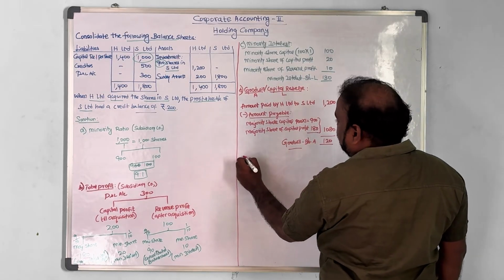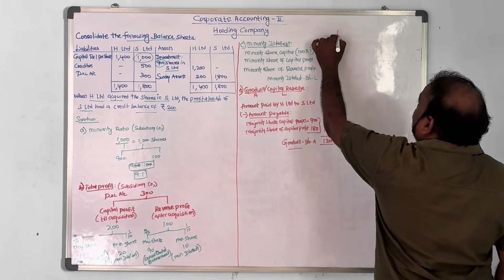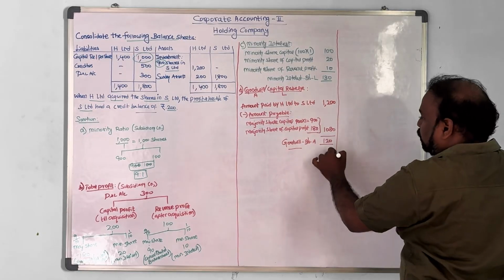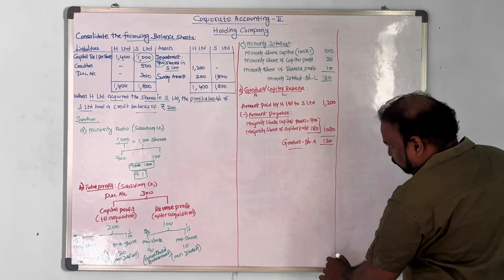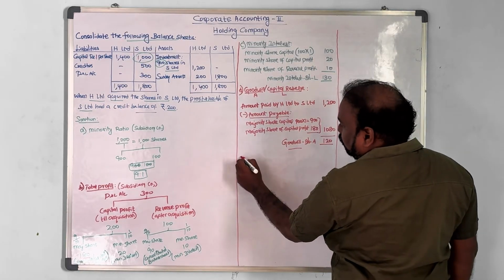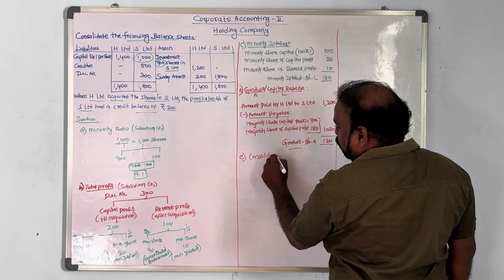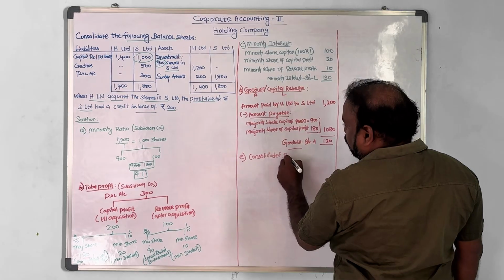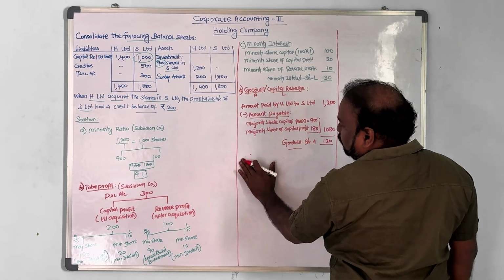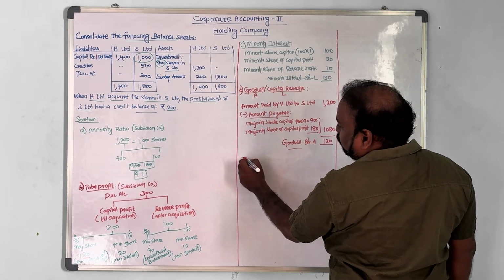Then the last one, we need to go with the consolidated balance sheet. Now we use this page for the working note.